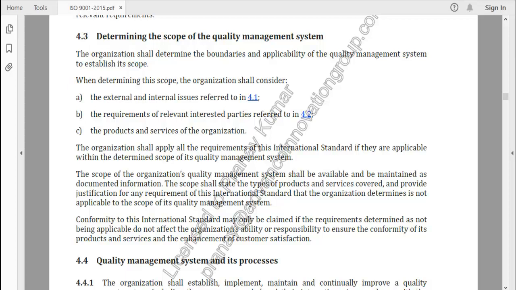Let's say you have a shared service model wherein all your HR function is managed at a particular location, and for some reason you've chosen to keep that location out of scope, then all the HR controls that are required by the ISO 9001 standard still continue to be mandatory. The organization will have to exhibit that such outsourced processes have been managed well to ensure that organizational processes are able to manage business accordingly.